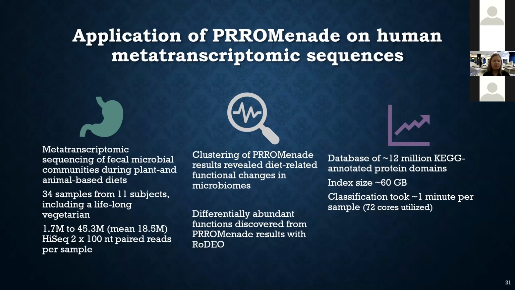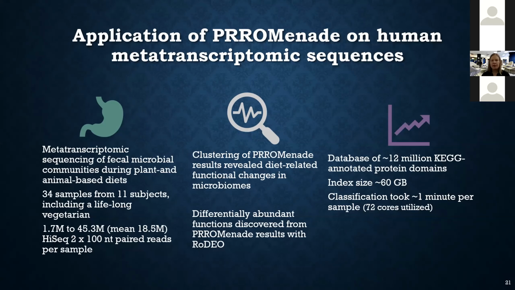This was around, on average, 20 million reads per sample from 11 subjects during both arms of the diet. And indeed, we see from these functional profiles how these metatranscriptomes cluster by diet, and we find differentially abundant functions mapping to pathways that are relevant in these diets.